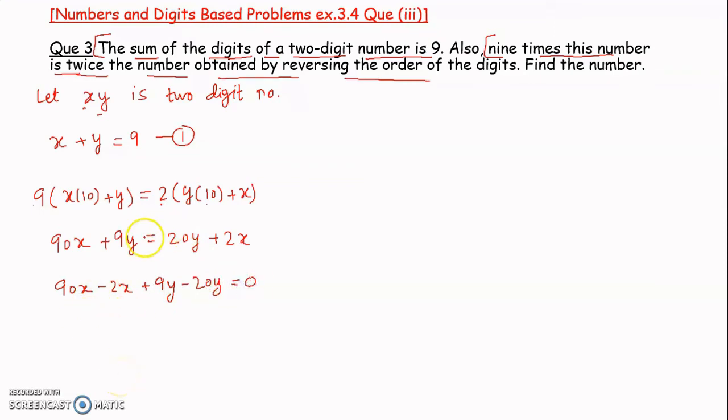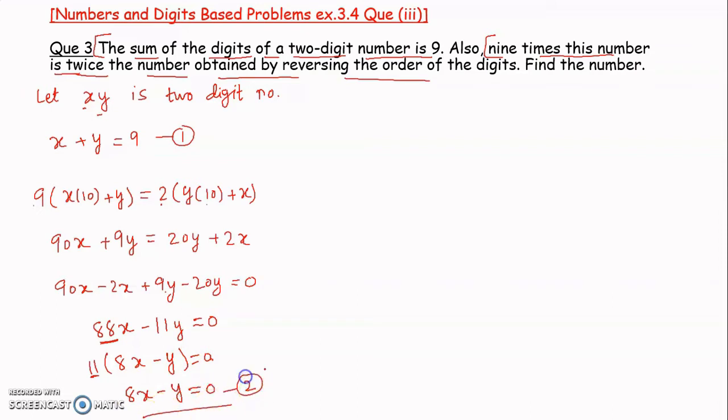So we get 88x minus 11y equal to 0. If you want more simplification, you can take 11 common: 11 times 8 is 88, so 8x minus y equal to 0. 0 divided by 11 will be 0 only. So here we get the second equation, 8x minus y equal to 0. This is equation number 2.